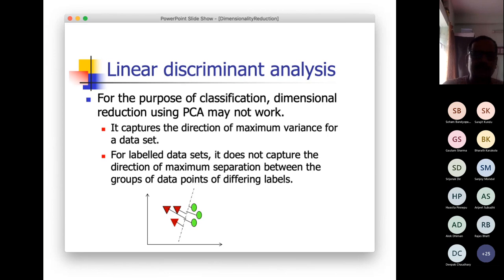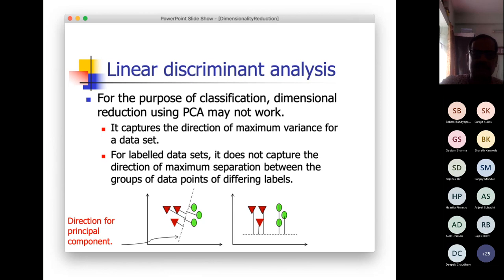Consider these two classes, which are shown by different colors and shapes of the data points. And you see a dotted line as an axis on which you will be projecting them. In this case, the projected data points are overlapping, but that may be the direction of the principal component, because the variance is maximum in that direction.